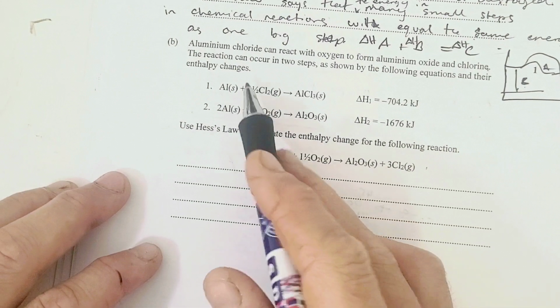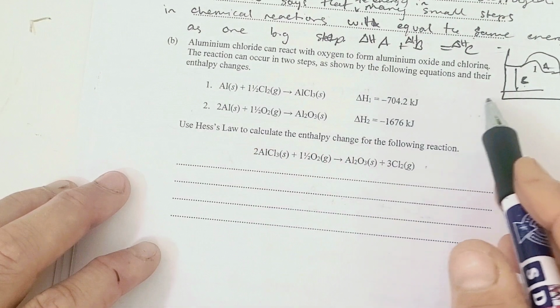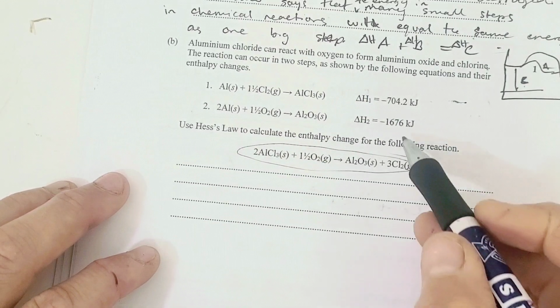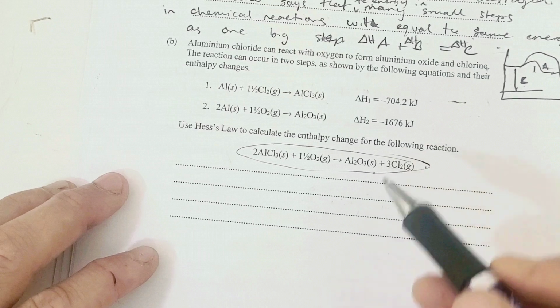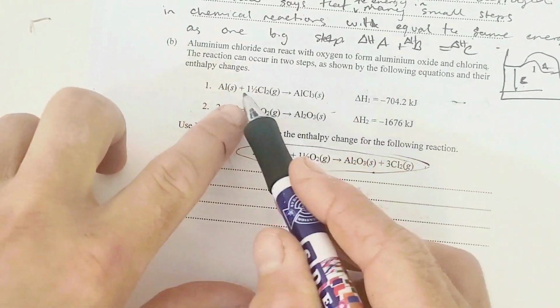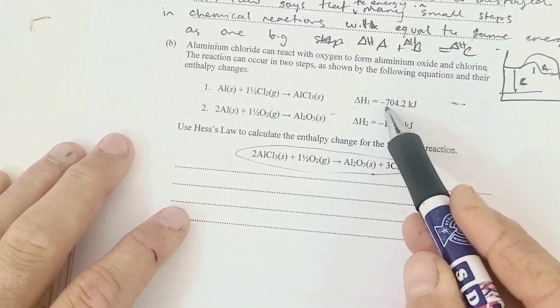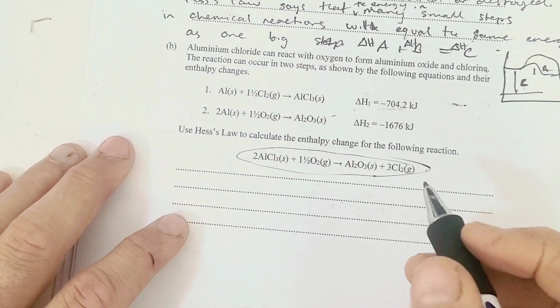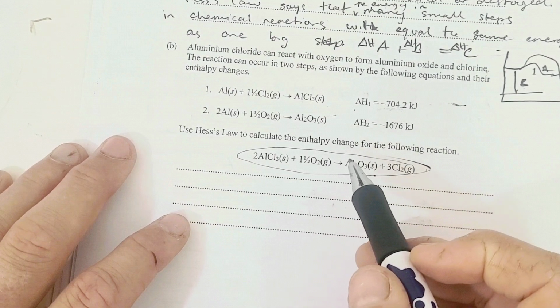So let's have a look here. Aluminium chloride can react with oxygen. Okay, so this is the target reaction, and we want to use the given information to replicate this. Now what we have to do sometimes is work backwards, and if we have to flip one of these, we've got to reverse the sign of the energy that was recorded.